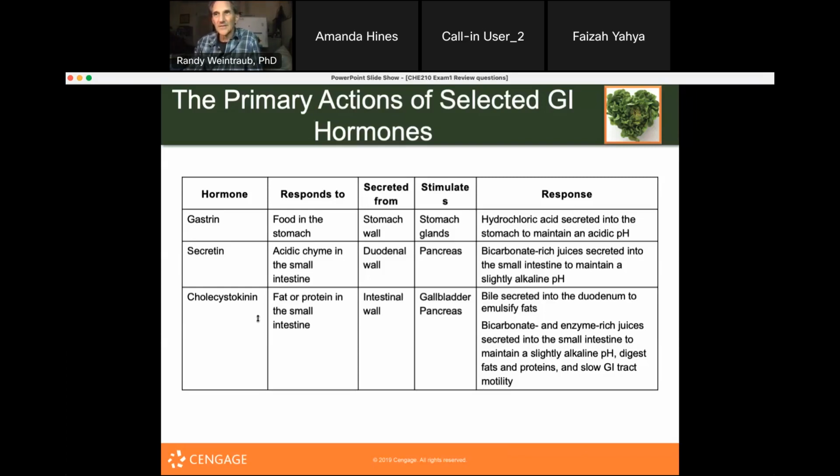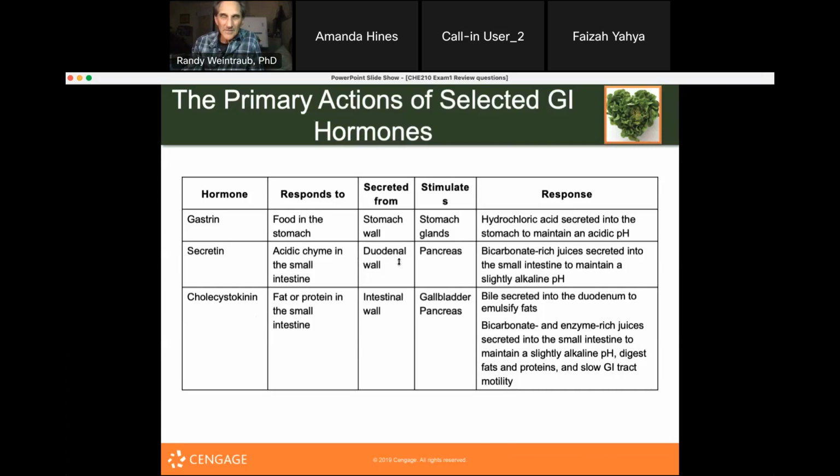So gastrin, from the stomach wall, helps secrete hydrochloric acid because there's food here. Secretin responds to acid chyme coming out of the stomach and comes out of the duodenum wall.